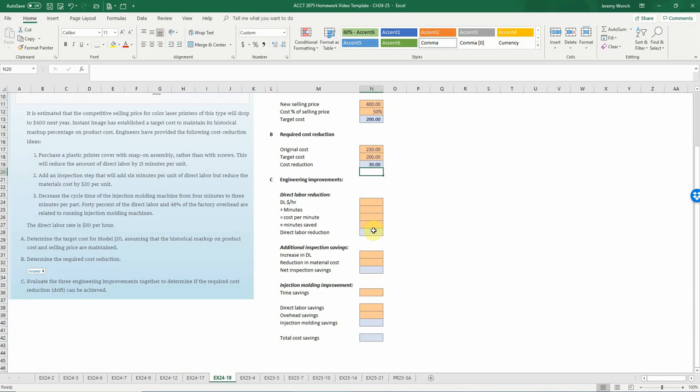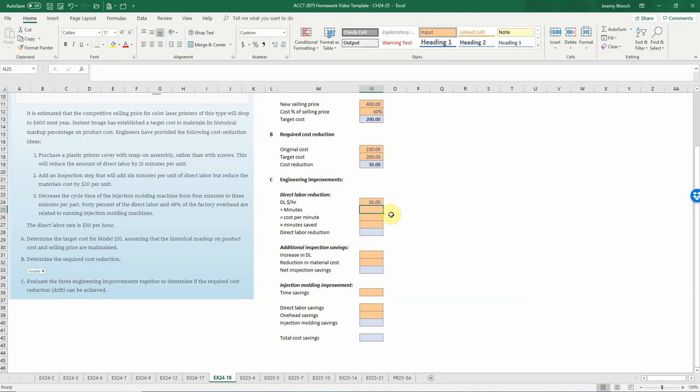All right, so the first thing it talks about is they can make a plastic cover that doesn't require screws. And so we're going to save some time on number 1. The direct labor cost, it tells us, is $30 per hour.